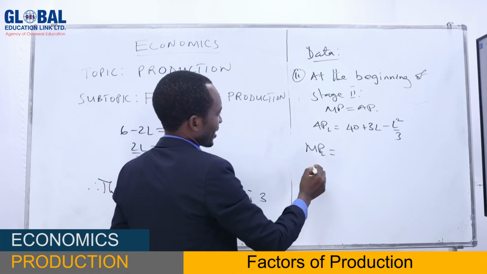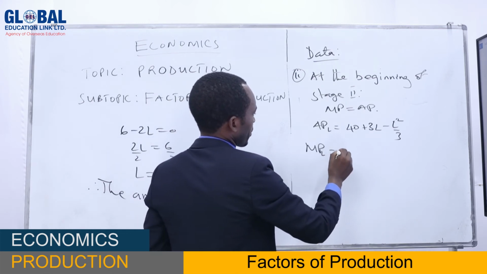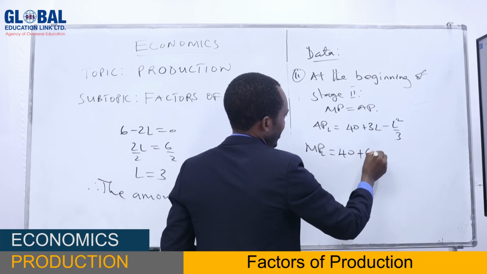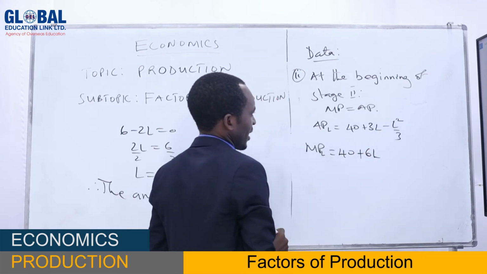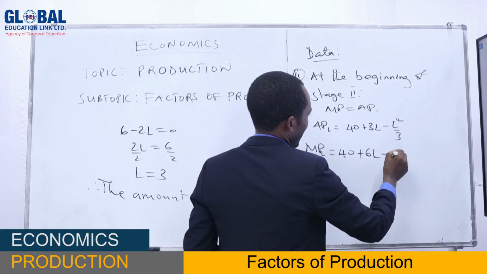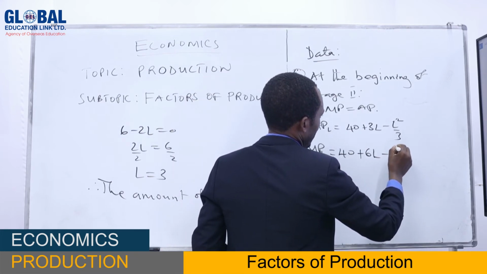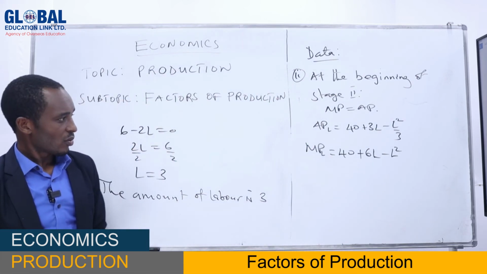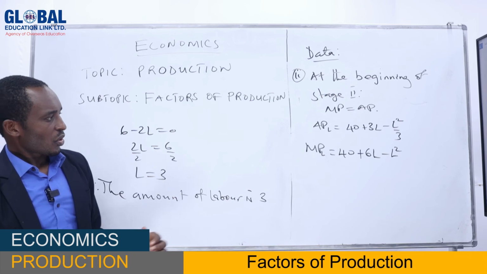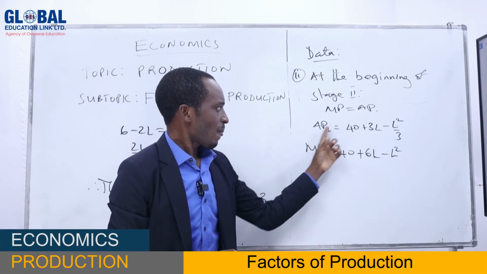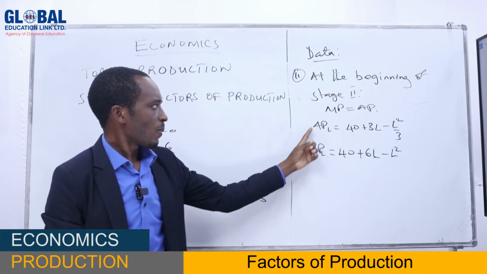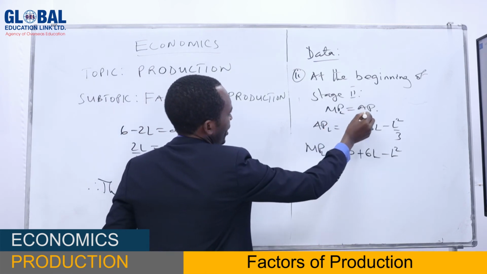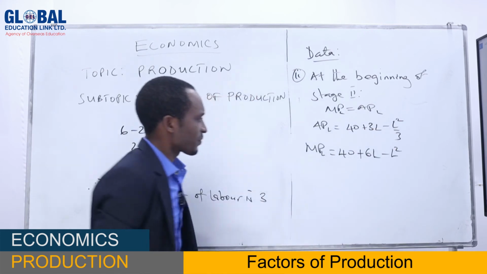From the previous, the marginal product was 4 plus 6L minus L square. So now you can equate these two functions. Marginal product of labor should be equal to average product of labor.